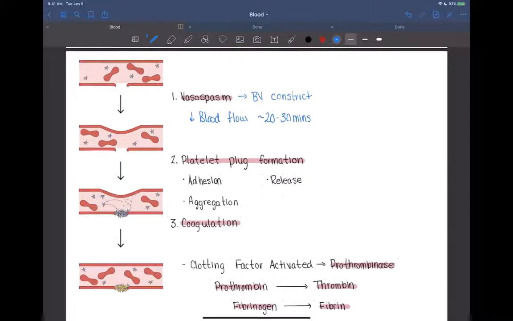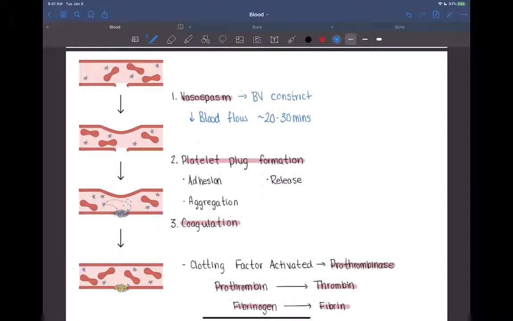The triggering of pain receptors in the wall of that blood vessel would also cause vasospasm, as well as pain receptors in the surrounding tissue. This vasospasm would be most effective at stopping blood in very small blood vessels, but in any of the blood vessels, it's going to at least slow that loss of blood.